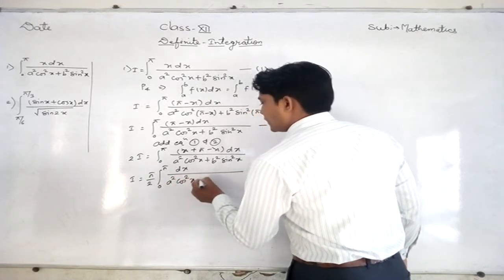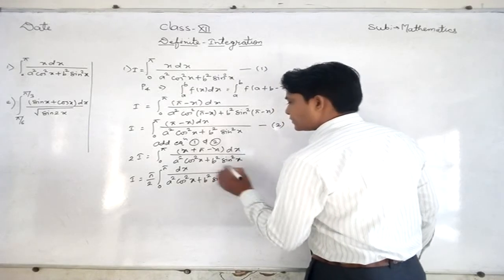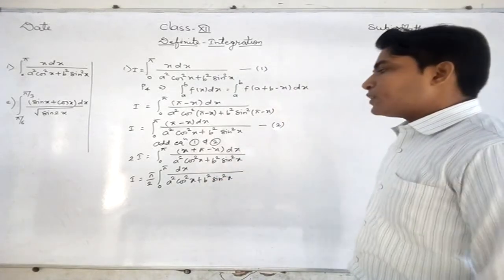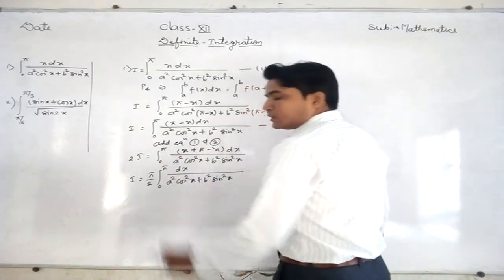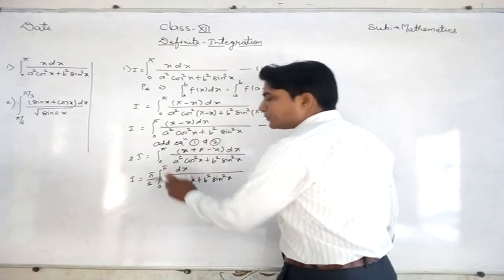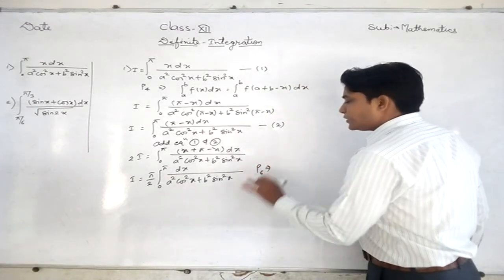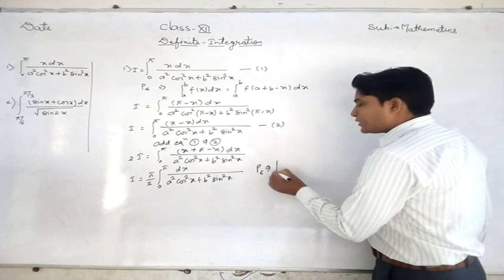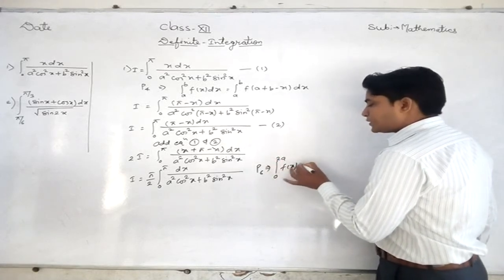Now we use property number P6. It says that if the function is integral from 0 to 2a of f(x) dx, it becomes twice the integral from 0 to a of f(x) dx. This is property number 6.